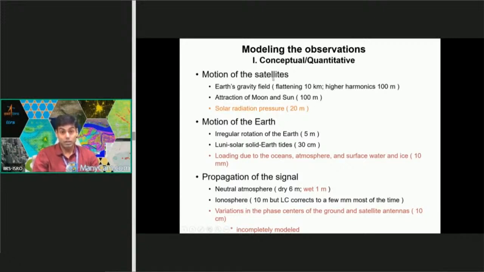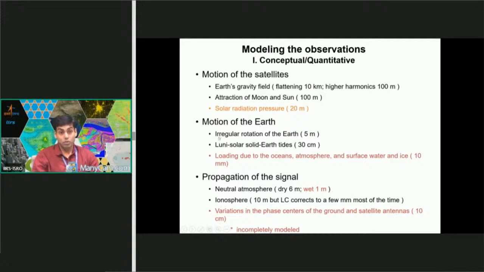It can cause a huge error in the data, so we need all these models. We can easily get them, but we may not get a very precise model, so we need long period data to apply the model to correct the errors.